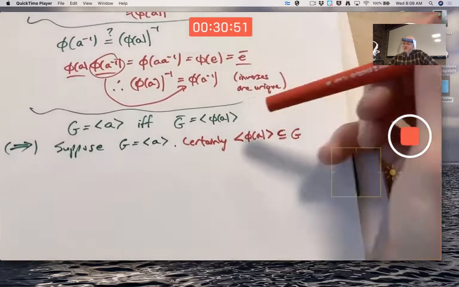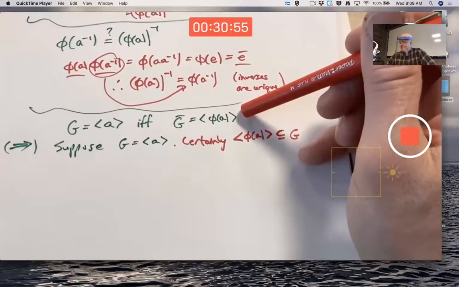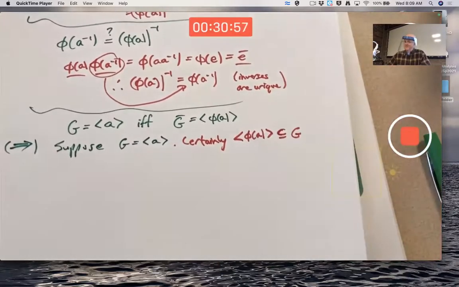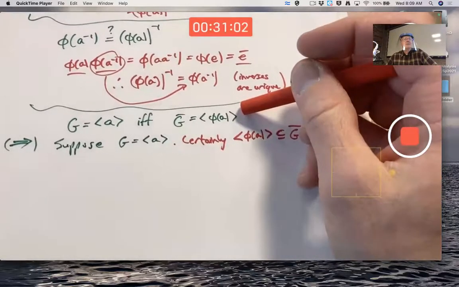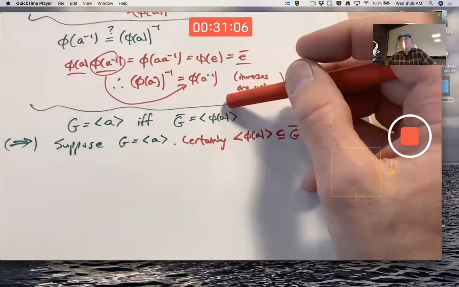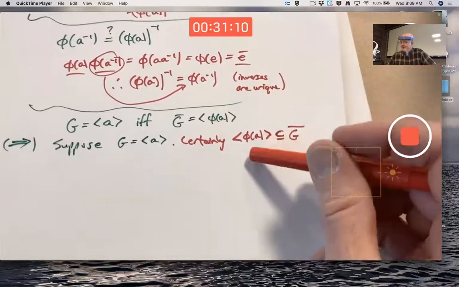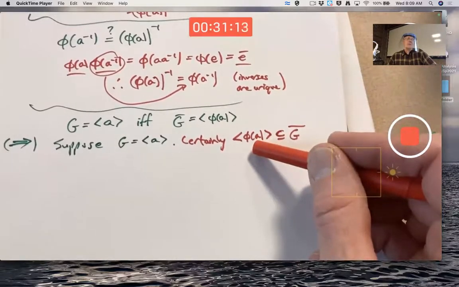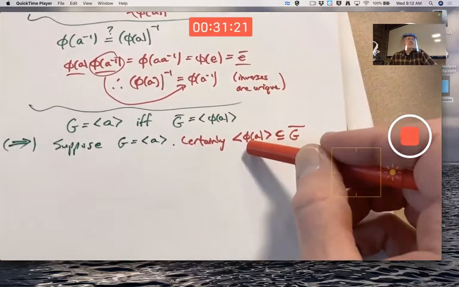When you look at this equation, you should say that's an equality between sets. So to show two sets are equal, show one is a subset of the other and vice versa. Certainly that's true because all the elements in here are in G bar to begin with, by definition. So the only question is, are all the elements in G bar in there?